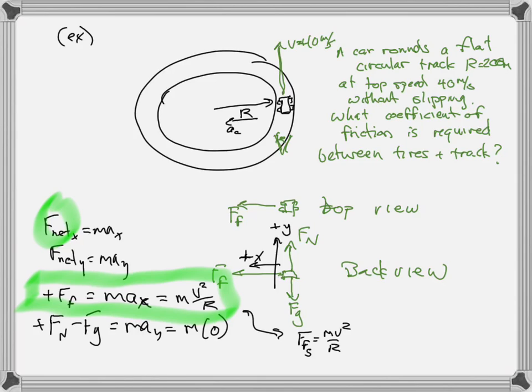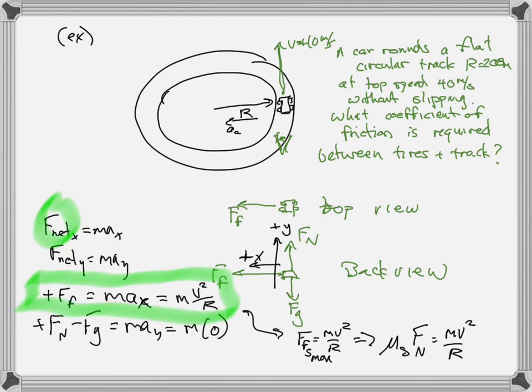It's the static frictional force that's making the car stick to the road, keeping it from slipping. Otherwise, it would be kinetic. And we said it's moving at its maximum speed without slipping, so this is Fs max. Therefore, we can substitute mu sub s Fn is equal to mv squared over r.